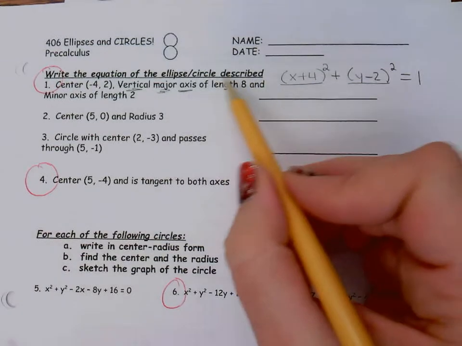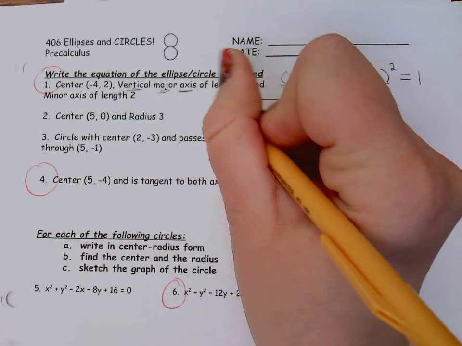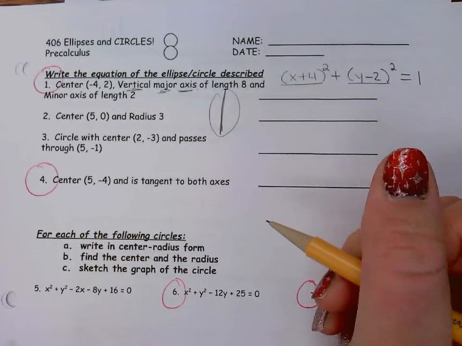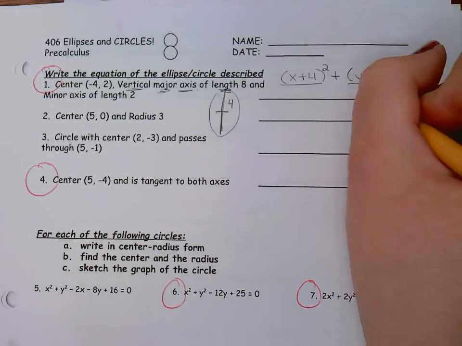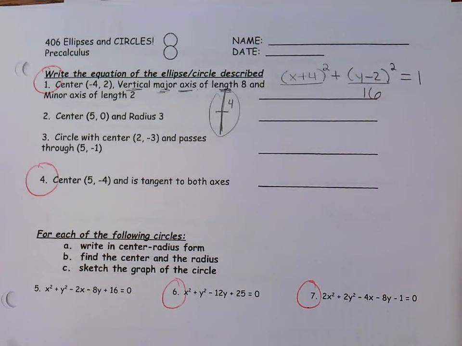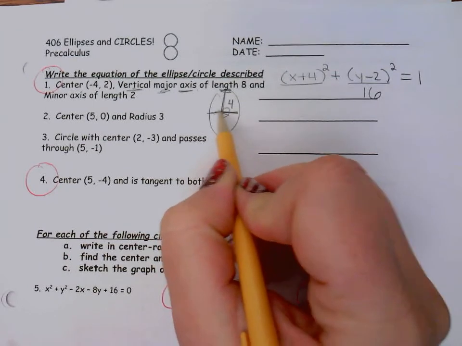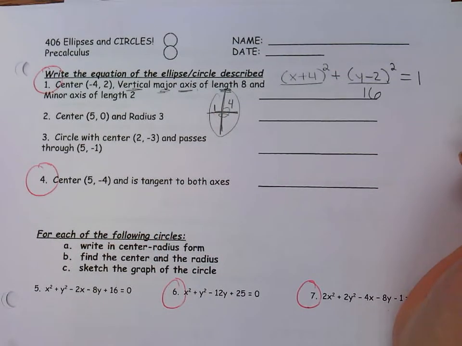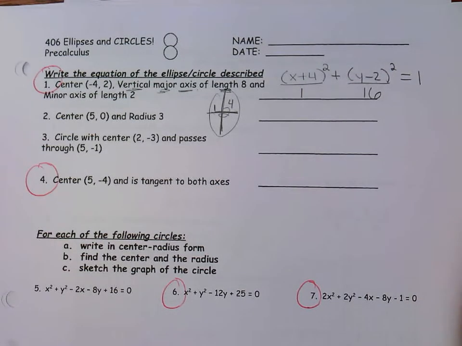So if the total length of the major axis is 8, that means from vertex to vertex, so my a value is 4, and 4 squared is 16. And then if the minor axis, the total length is 2, that tells me that the b value is just 1, and 1 squared is 1. So there's my equation for number 1.